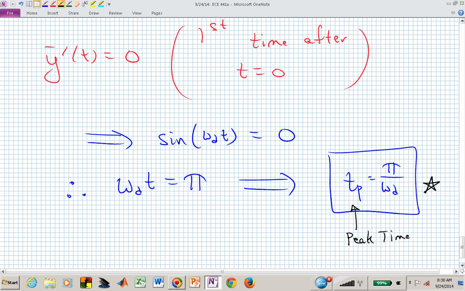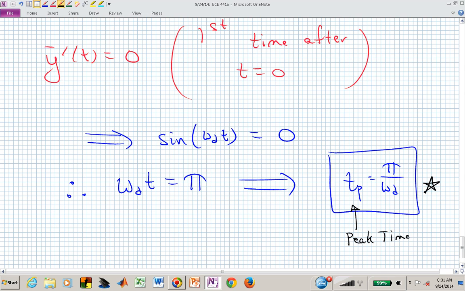If you go to your time response and measure the peak time, let's say it occurs at half a second, now you know what omega sub D is, because pi is a constant. You just solve for omega sub D, and you have your damped oscillation frequency by simply measuring the time it takes to reach your first peak.